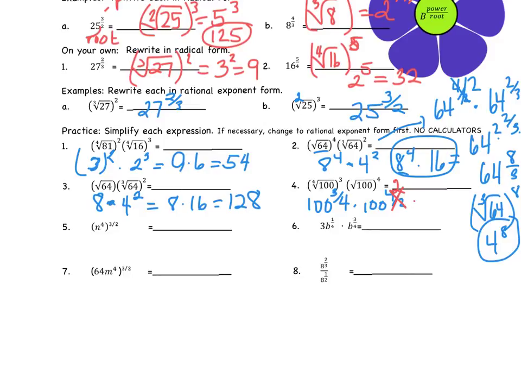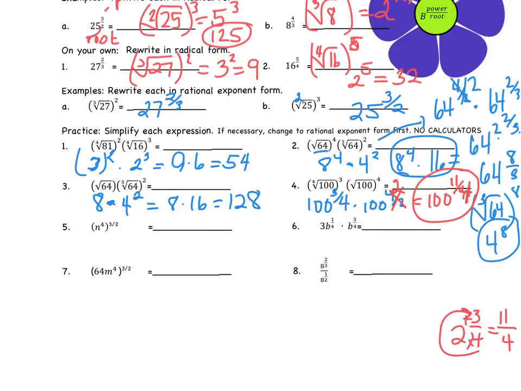So then it becomes 100 to the 2 3/4 power, which is actually 11 over 4. So I'm going to write this down here, 2 3/4 as an improper fraction. If you can't remember, it's 2 times 4 plus 3 makes that 11 over 4.